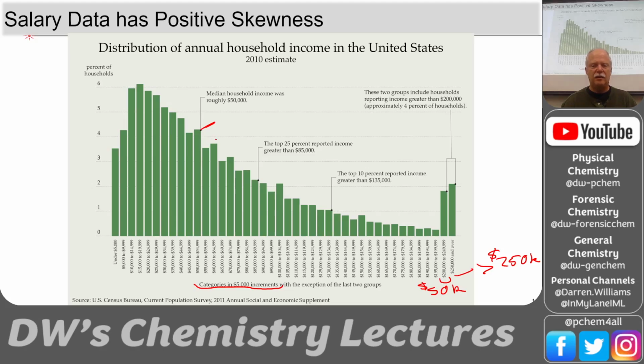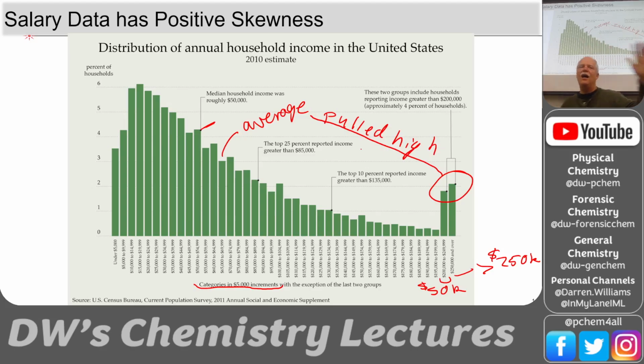The mean, the average, is probably around here, because these huge numbers right here will pull it. The average is always pulled high above that median because of the higher numbers. They have such an influence on the mean, they drag it high.